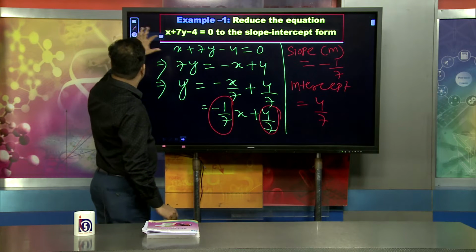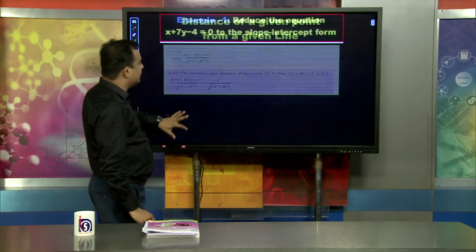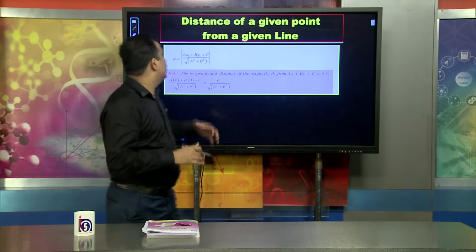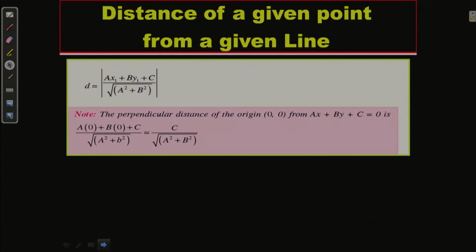Right now we will discuss one very important part of the straight line, which is known as the distance of a given point from a given line. How is it? Like this. Suppose this is the coordinate axis, and suppose this is the point P. What will be the distance of the given point from the given line?